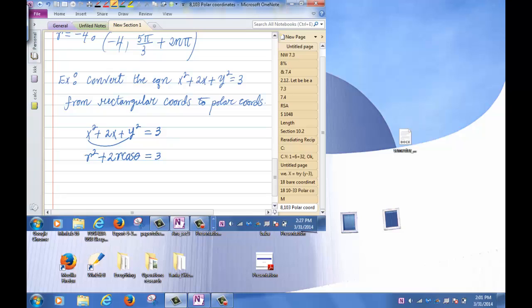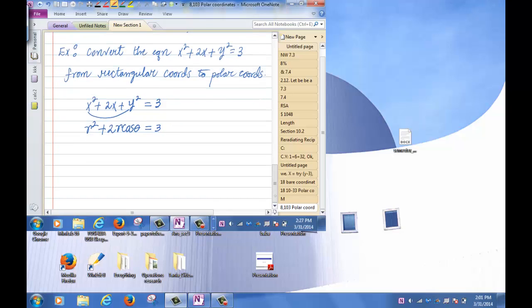So now the question is the other way around. Let's say I want to convert a polar equation to a rectangular equation. I'm going to use the words rectangular equation versus polar equation, but that's not standard jargon.